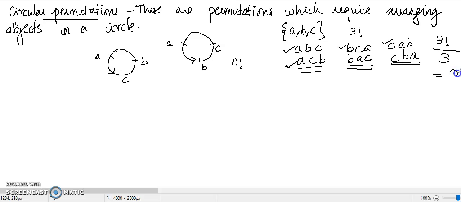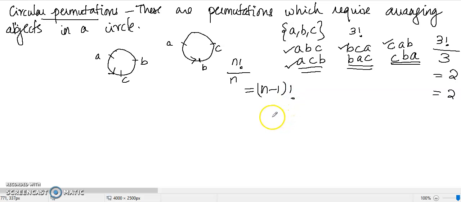So the number of required circular permutations will be 3 factorial by 3, which is equal to 2 factorial. So that is 2 here. So the number of circular permutations will be n factorial by n, that is equal to (n minus 1) factorial.